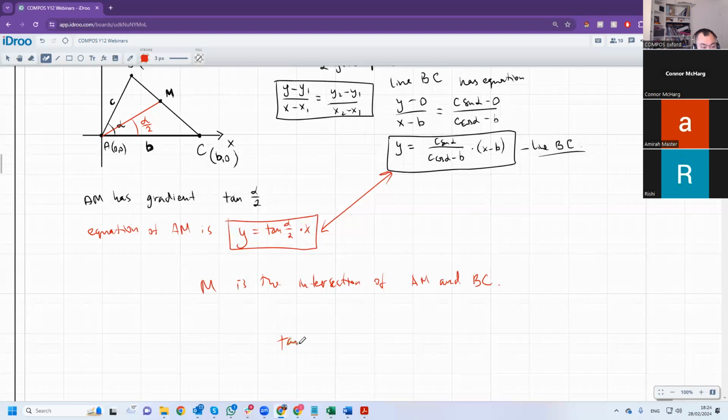So tan alpha over 2 multiplied by x has to equal c sine alpha over c cos alpha minus b, times x minus b.